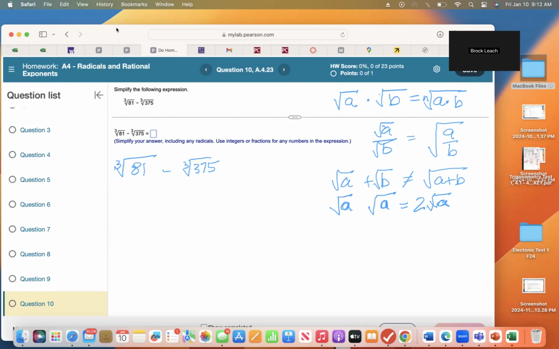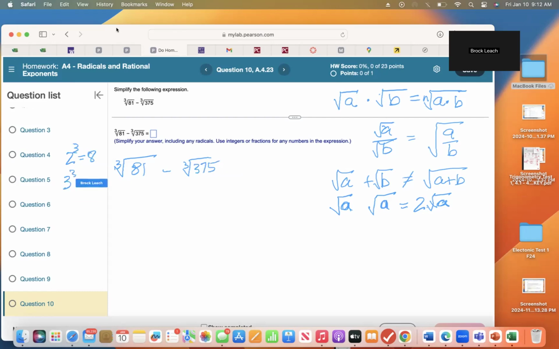But what we can do is look for and simplify them individually first and see if there's any perfect cubes that go into these numbers. Remember, my cubes are much more limited than my squares. We have 2 cubed, so we have to start at 8. 8 doesn't go into either of those.